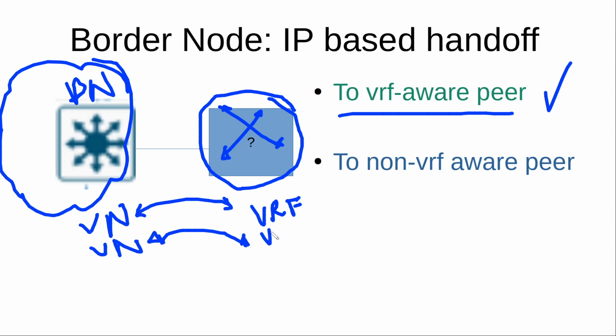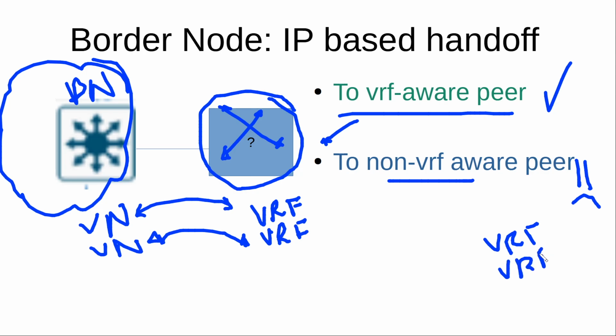Or you can come across the case where this particular device is non-VRF aware. If it is a non-VRF aware device, then you will not be able to create VRFs in this device, because it is unable to know what VRFs are, probably because it is a firewall or because it is an old device.